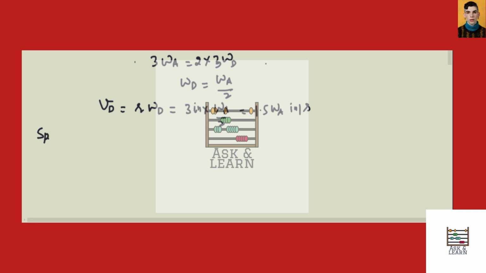For the spider, velocity of D is equal to 6 inch, because the length of the spider will be 6 inch, into angular velocity of spider, and velocity of D is 1.5 omega A. So angular velocity of spider you will get is 1 by 4th of angular velocity of A.